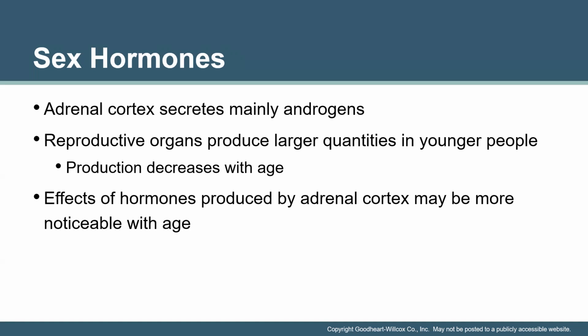The adrenal cortex will continue to produce the same amount of androgens throughout life, regardless of what the reproductive system is up to, which is part of the production of female facial hair with age, as their reproductive organs are producing less of the estrogens, they're going to be producing more of the testosterone, and that's going to have its relevant effects.